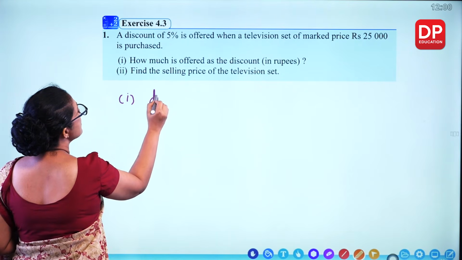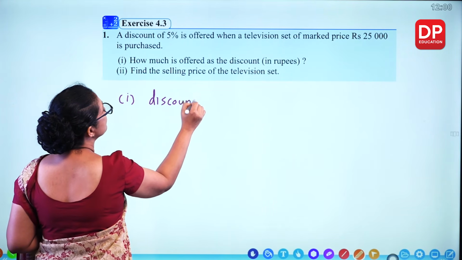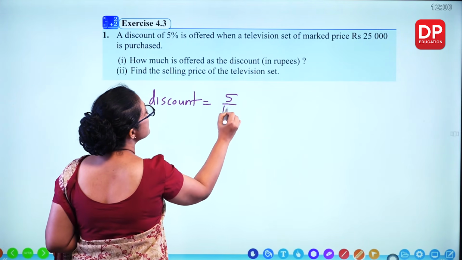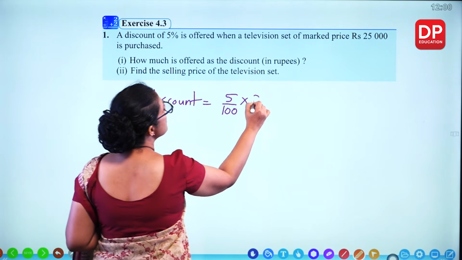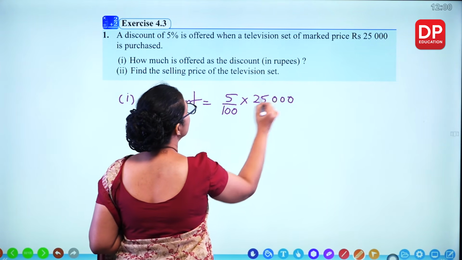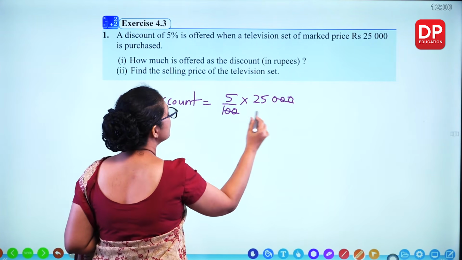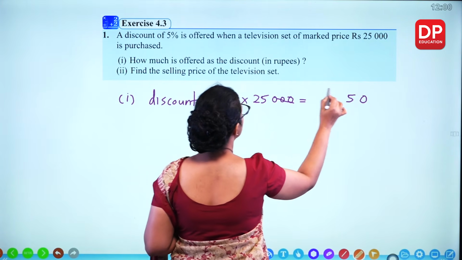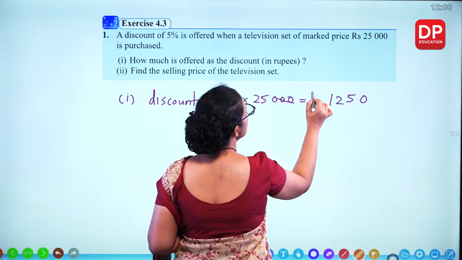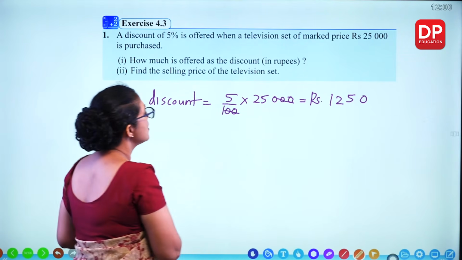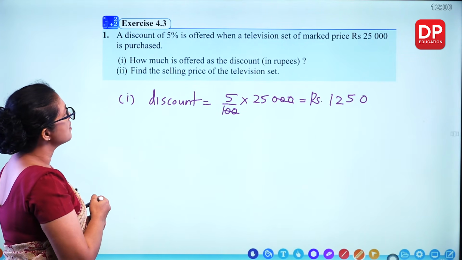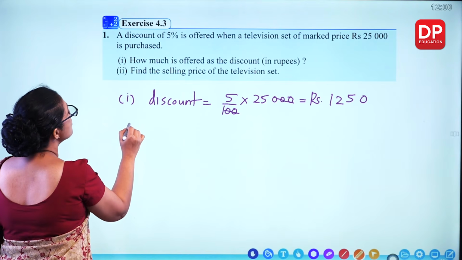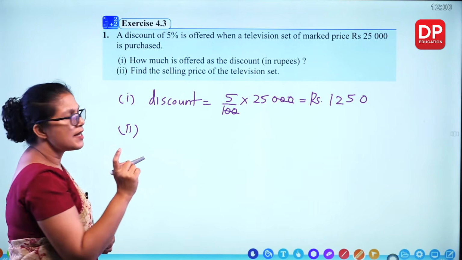So discount is 5% of 25,000. So 1,250. Part 2, find the selling price of the television set.